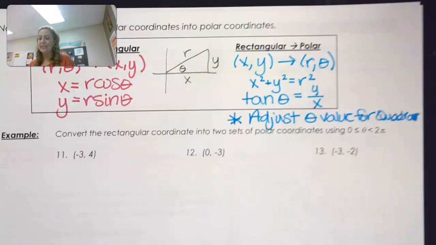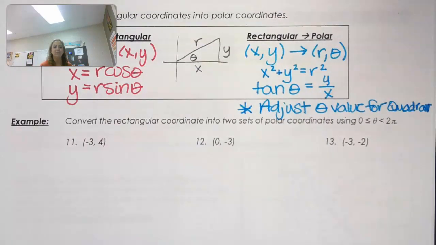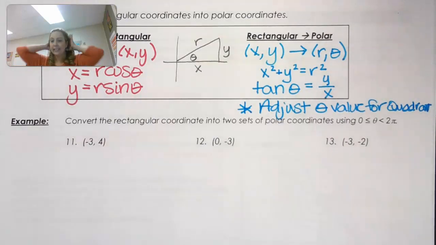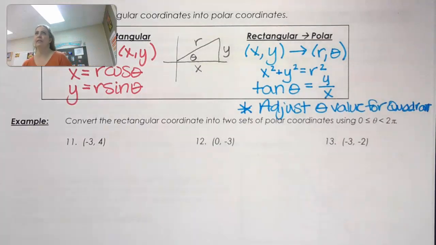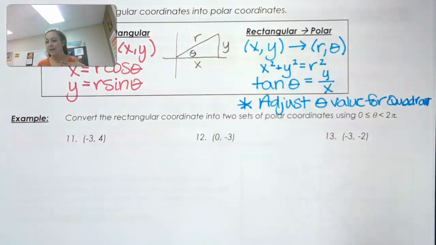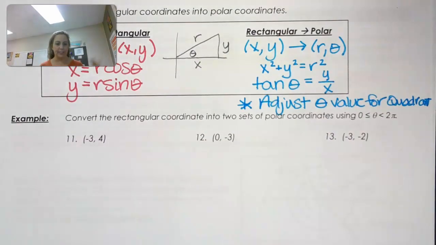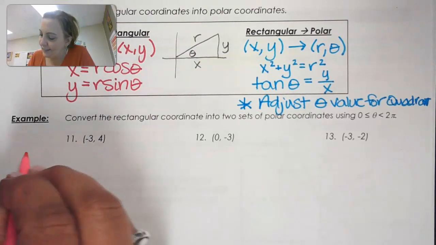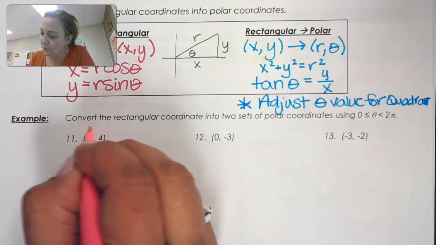Okay, so this asks us to convert the rectangular coordinate into two sets of polar coordinates using 0 to 2 pi. We're going to use the skill that we've just looked at, and then to get the second coordinate, we'll do what we did at the very beginning, by using an r value that's negative instead, okay? All right, so let's start by finding what r is. In this case, here's our x and our y.